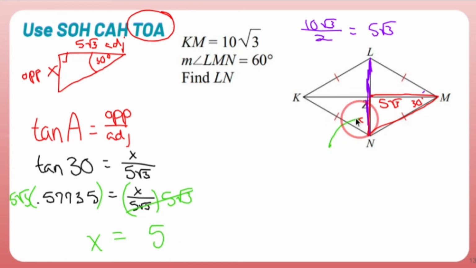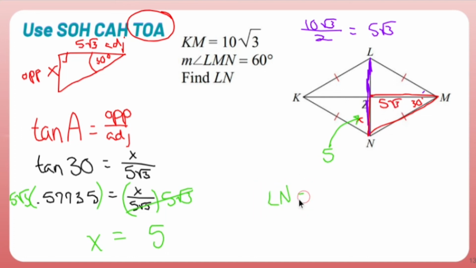Now this is 5 right here. Now again, if you know special right triangles, you would know that if I give you the smaller leg, the longer leg is going to be 5 root 3. So this makes sense. Now ZN is 5.